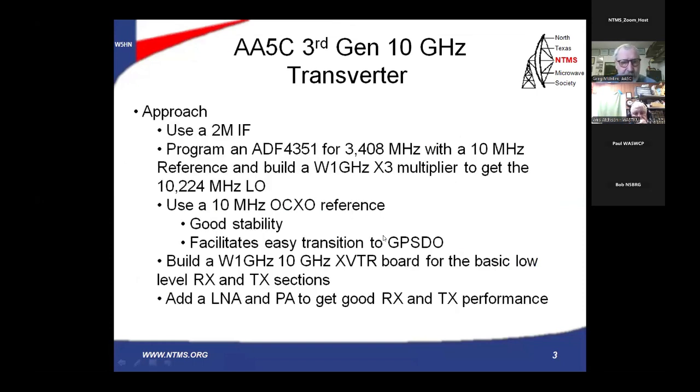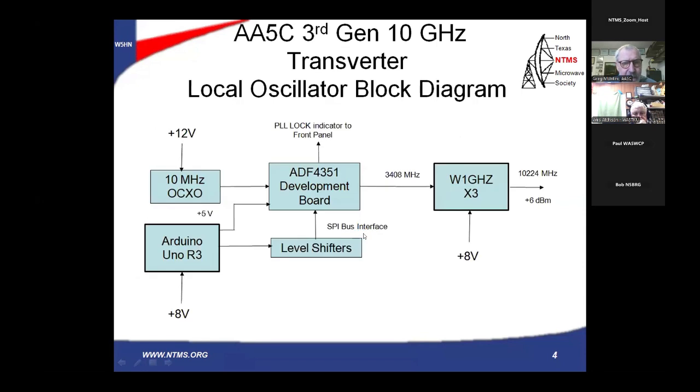Sorry, guys. Okay, everybody saw this with the approach. And then here's the LO block diagram, where there's a 10 megahertz reference, the ADF4351 board, and an Arduino Uno R3 with level shifters driving the SPI bus to the development board.